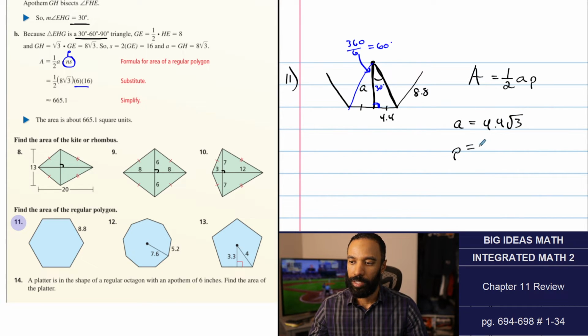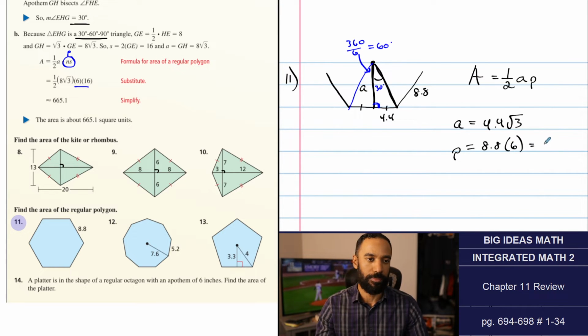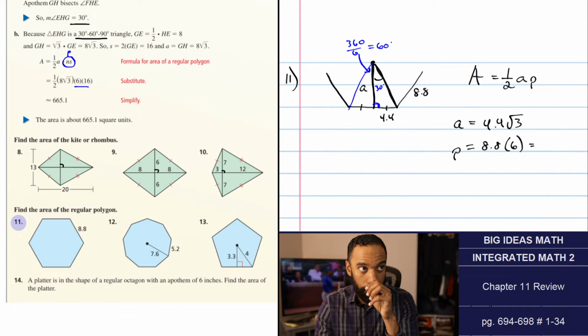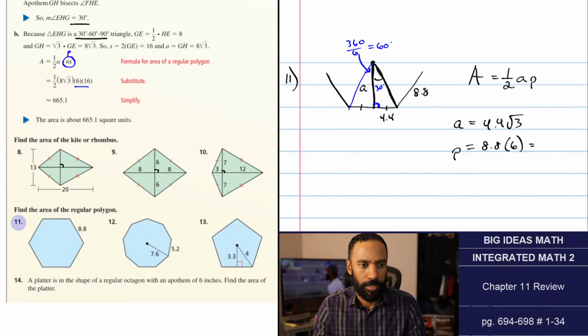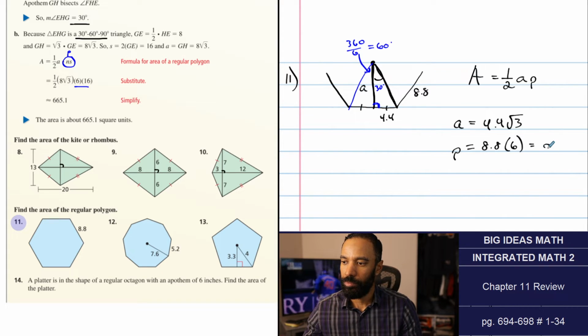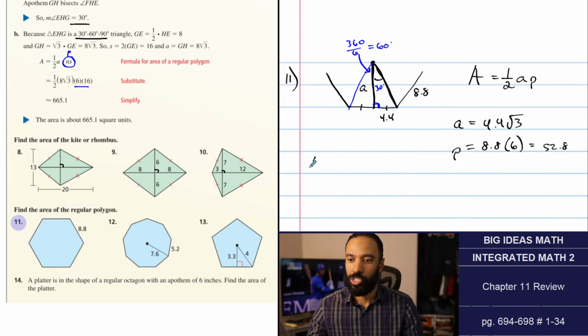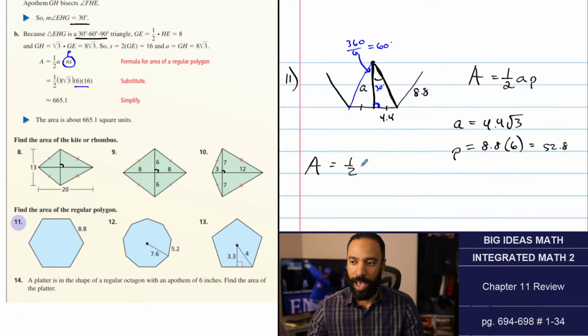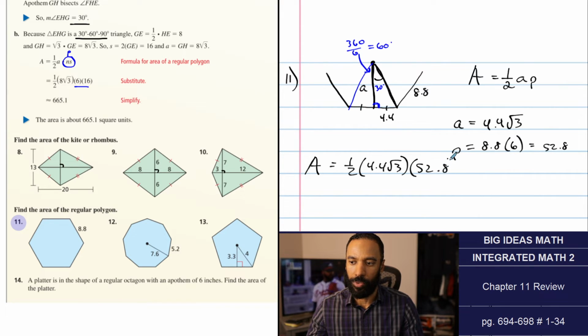Now, the perimeter is the other part we need to find. There are 6 sides, each of length 8.8. 8.8 times 6 is some exact value. Is that 52.8? 8.8 times 6. 52.8. So the area of this whole thing is 1/2 apothem times perimeter. I could spend time giving you an exact version of an answer, but it'll have decimals with the radical.